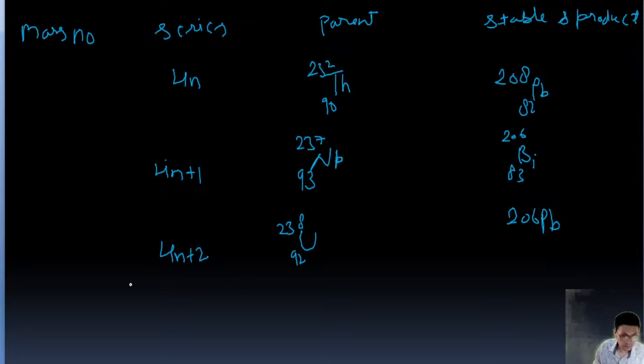And next is the 4n plus 3 series, that is actinium, denoted by Ac.